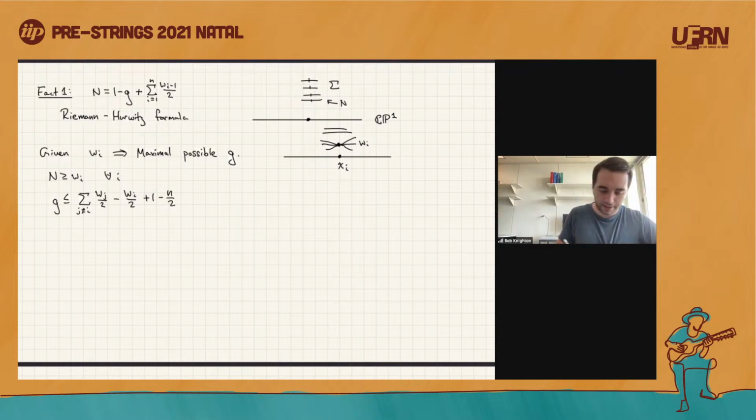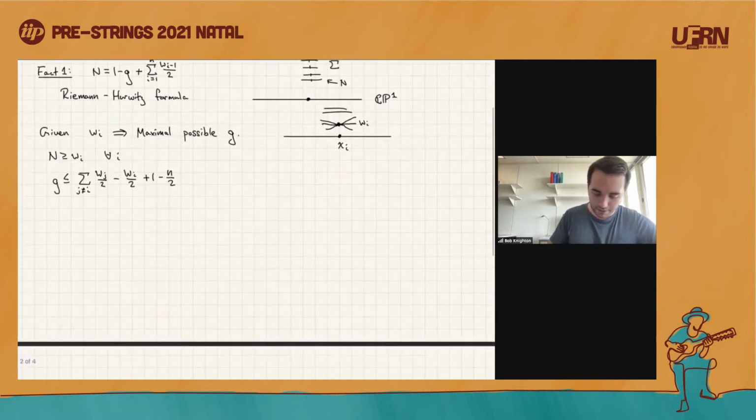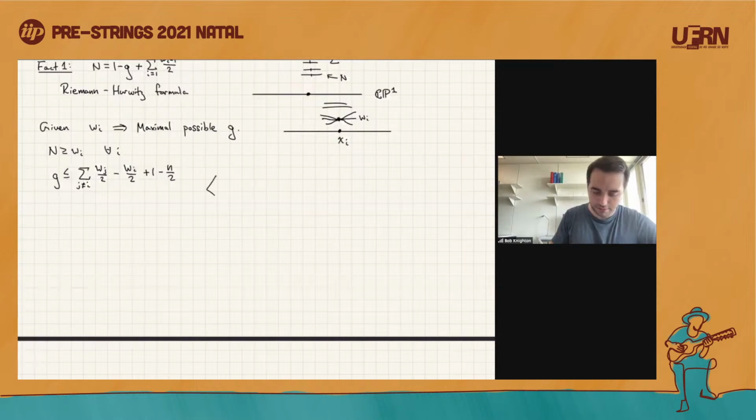So this tells you that for any given configuration of these critical points, there's a maximum genus that's allowed as a covering map. And in particular, going back to the string theory picture, we have these correlation functions. So they look something like this.